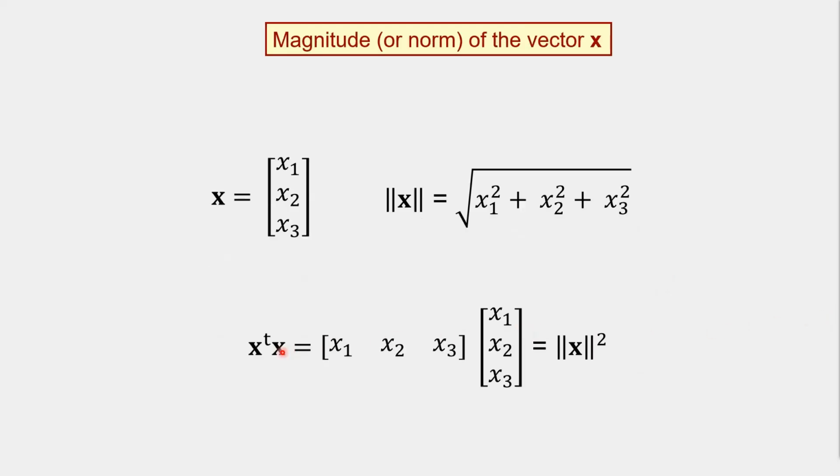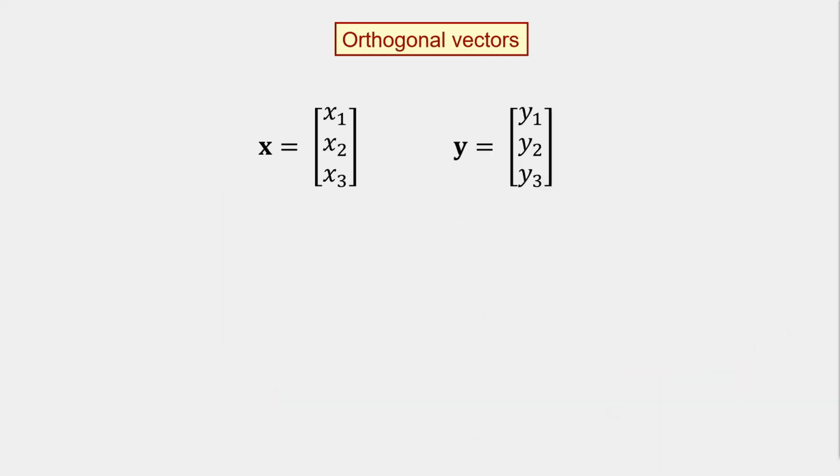We can use x^T x to calculate a number which is actually the norm of x squared. So whereas before we calculated the norm of x using this relationship, we can write it more simply using this matrix operation, x^T x equals the norm of x squared. Now let us consider orthogonal vectors.